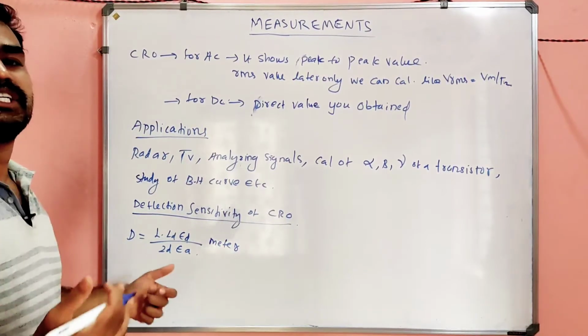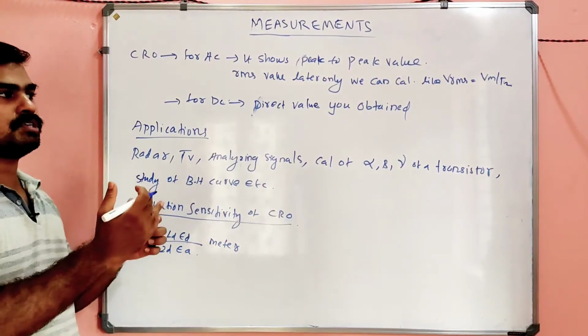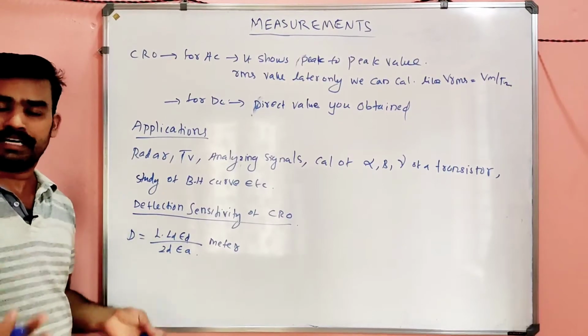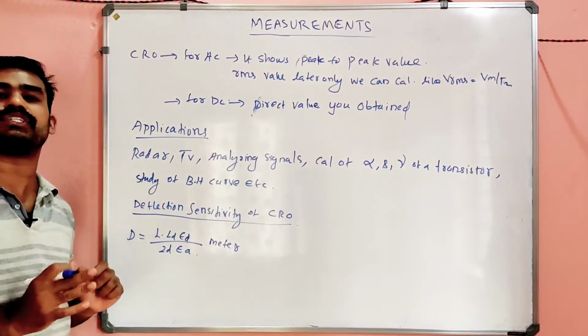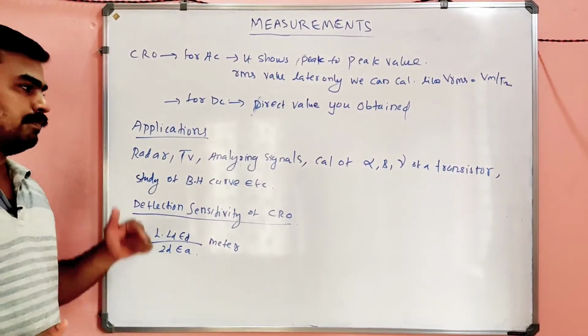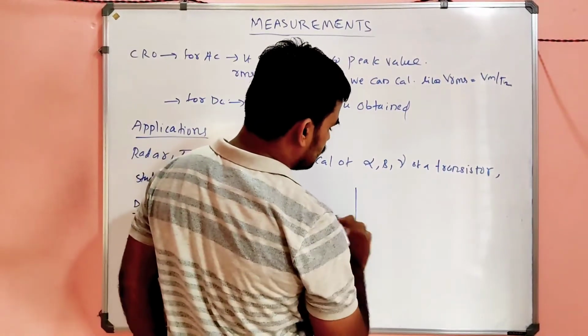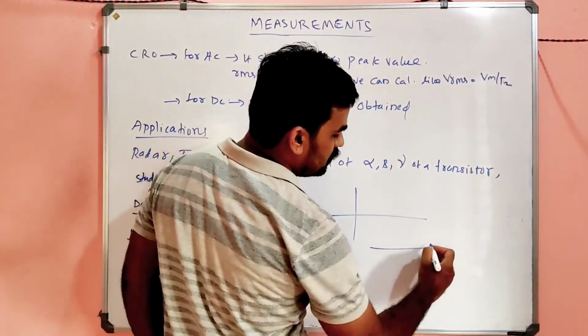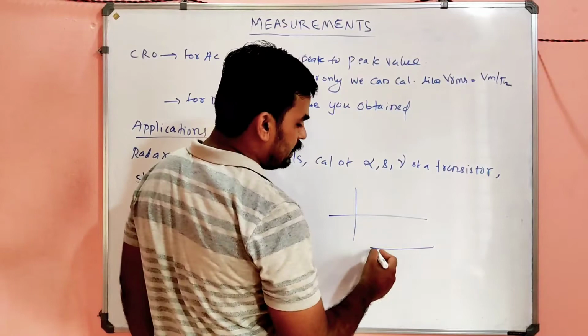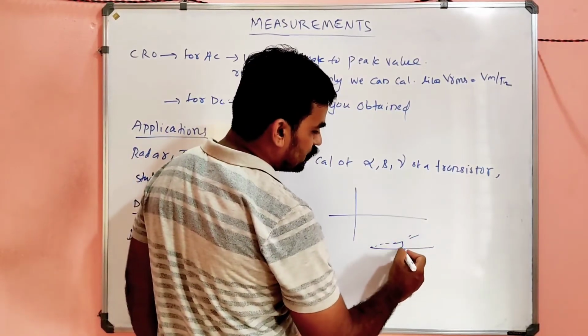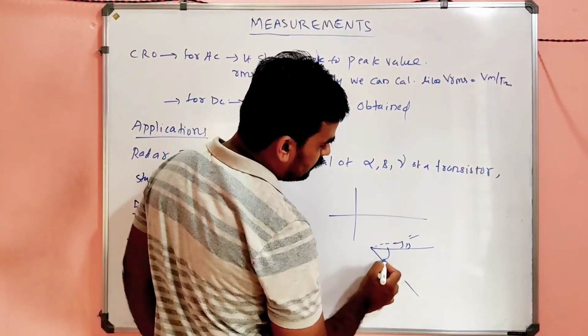That is the deflection produced by the horizontal as well as the vertical deflection plates. If there is no deflection, the beam is moving straight; if it is moving like this, this is the deflection.